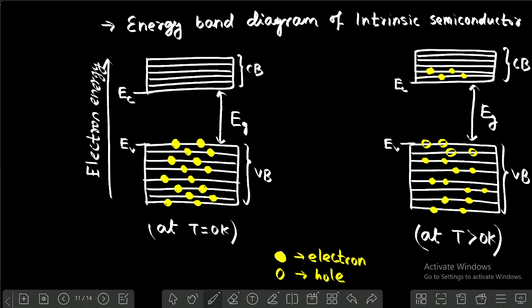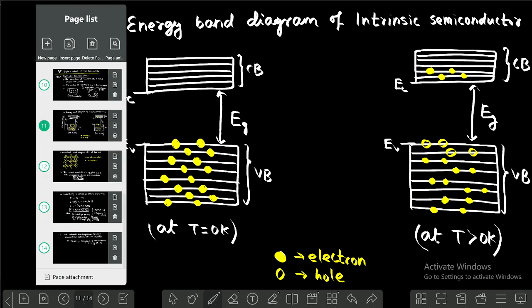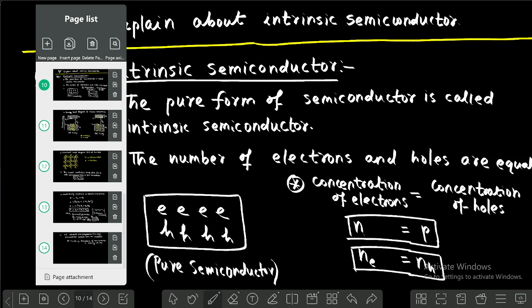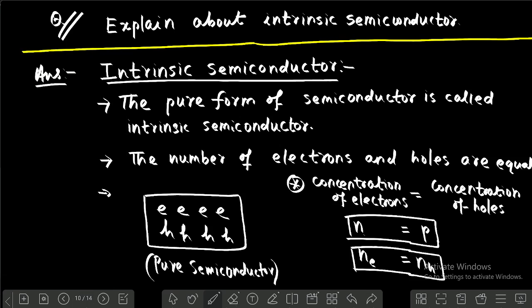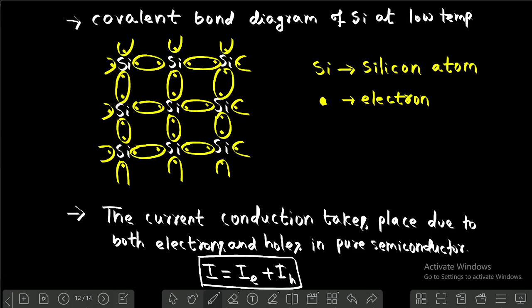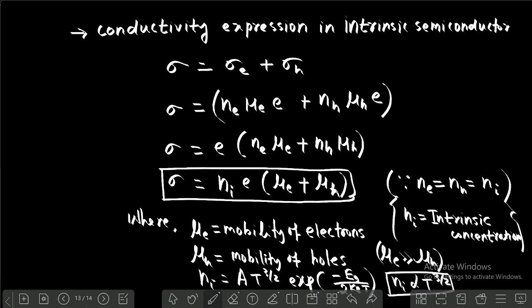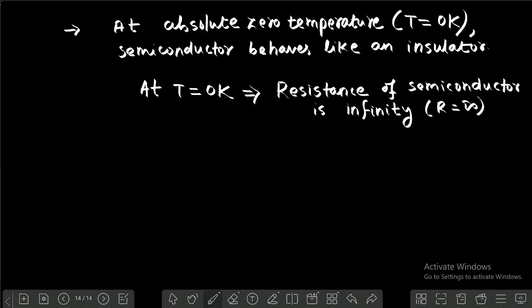So that's all about intrinsic semiconductor. Please write down. This is the first page, this is your second page, this is the third page, this is the fourth one, and this is the fifth one. Yes or no? Clear? No doubt? Okay. Note it down. Thank you.